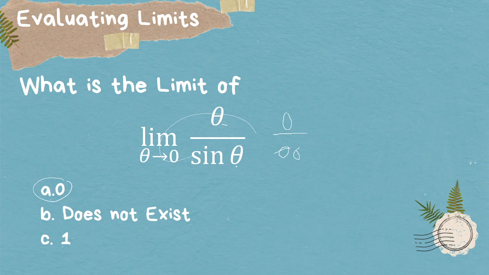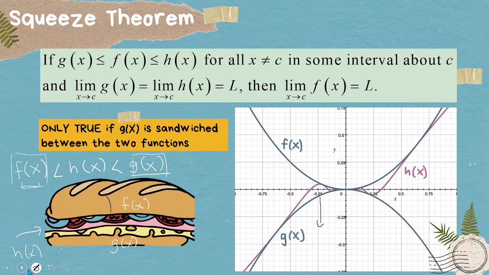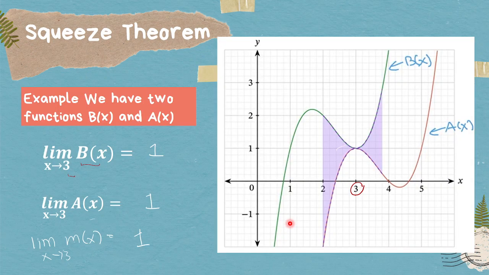The squeeze theorem says that if the limit of the upper function f of x is equal to the limit of the lower function g of x, and h of x is sandwiched between these two boundaries, then the limit of f of x, g of x is equal to the limit of h of x. So if the limit of the upper and lower are the same, the limit of the one in the middle is also the same. That's how simple it is.